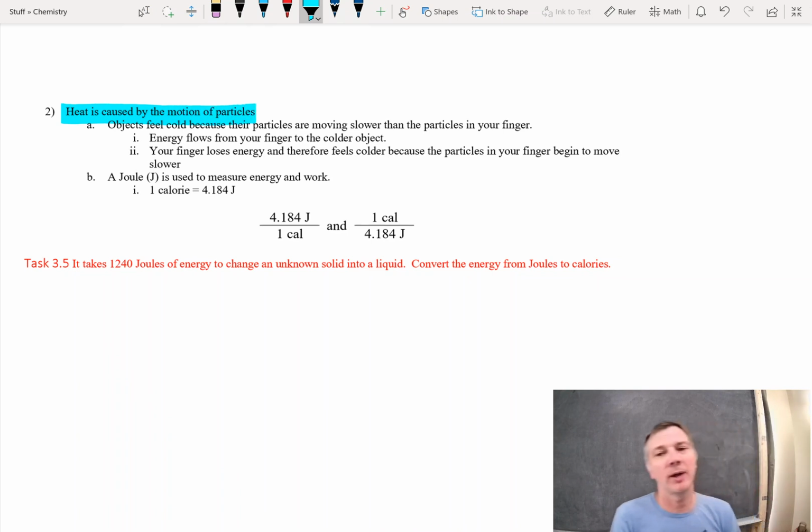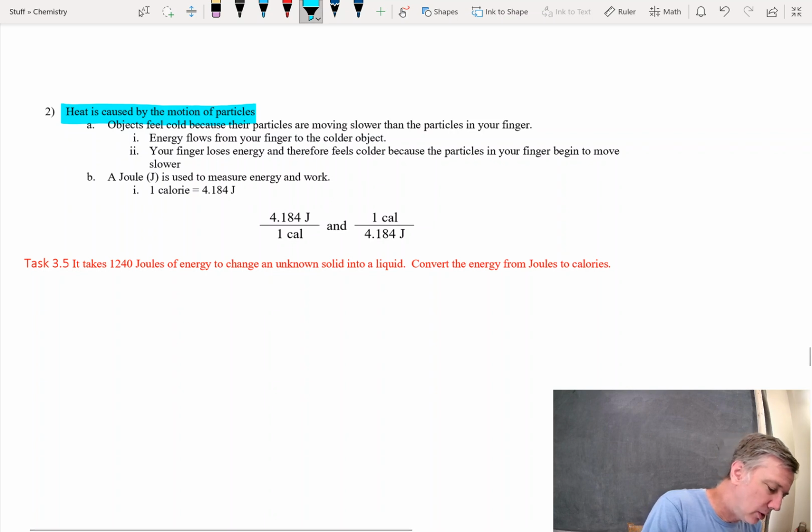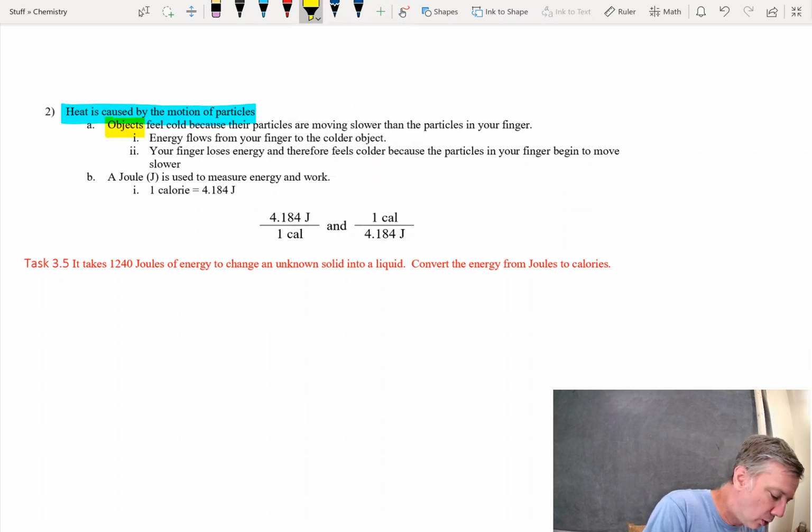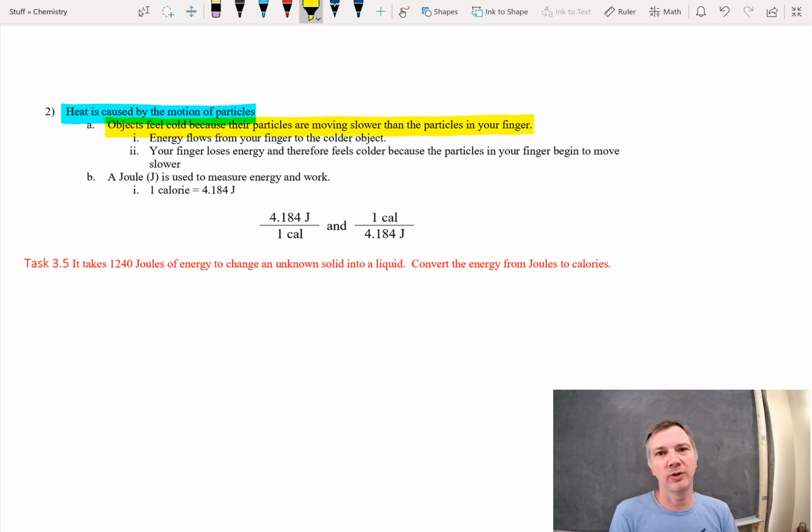So, as I said, whenever we talk about energy, we're talking about the motion of the particles. We often feel or sense the motion of the particles in terms of heat. Heat is just a measurement of energy, okay? Objects that feel cold, they feel cold because they're moving slower than whatever you're touching them with.